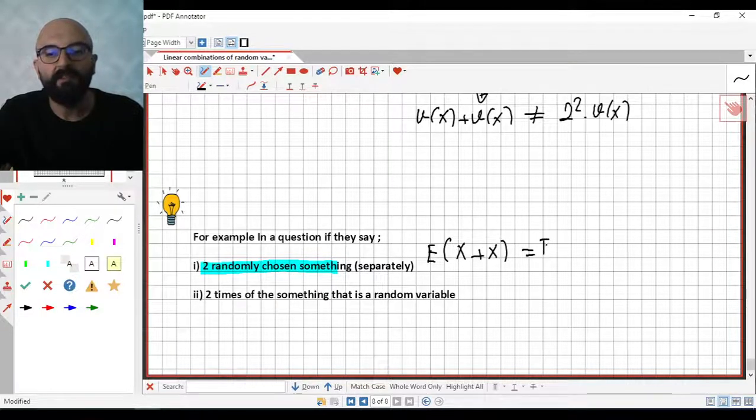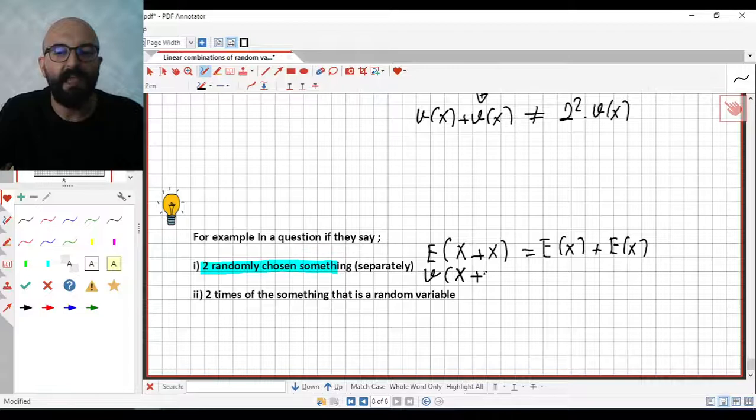We should find the expected value of x plus the expected value of x. We should write x plus x, which means the variance of x plus the variance of x.